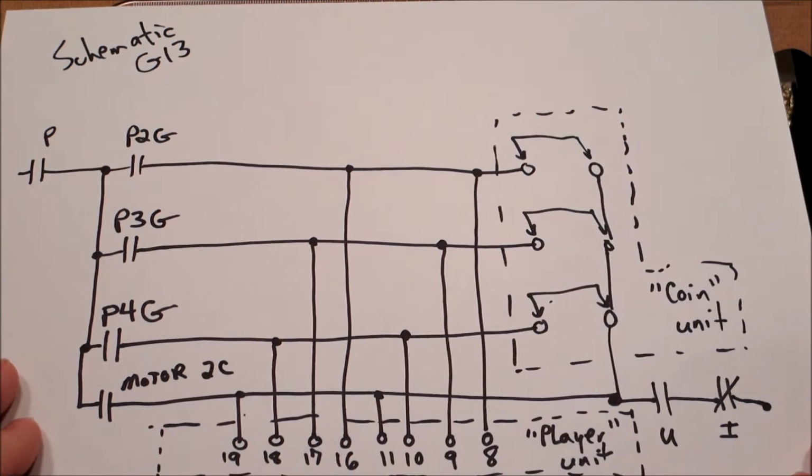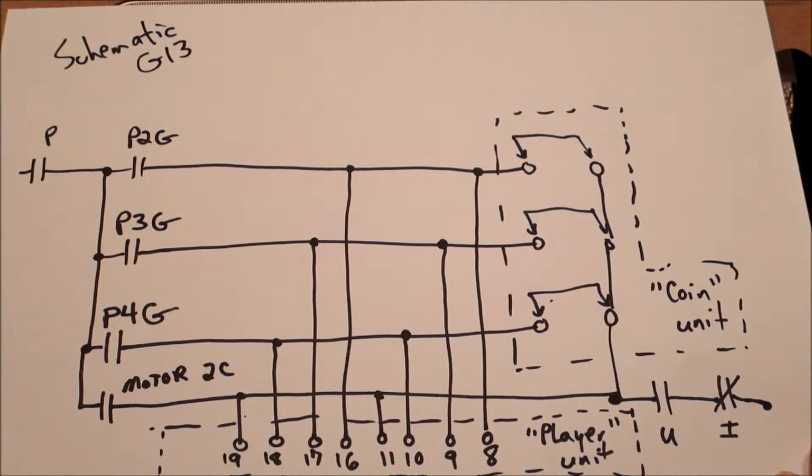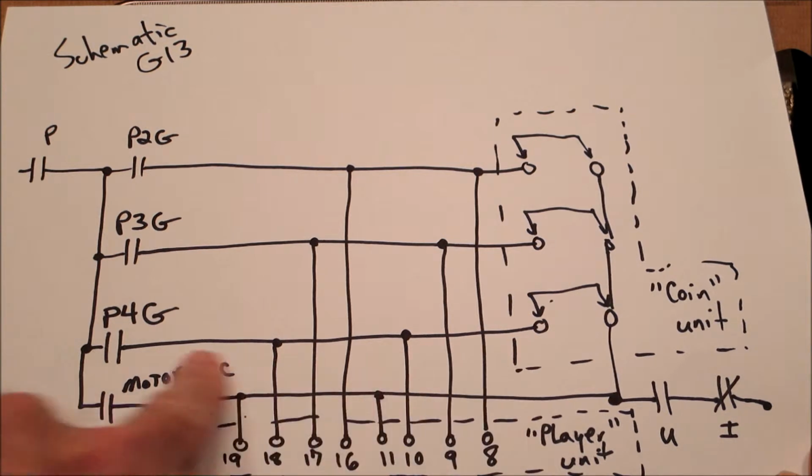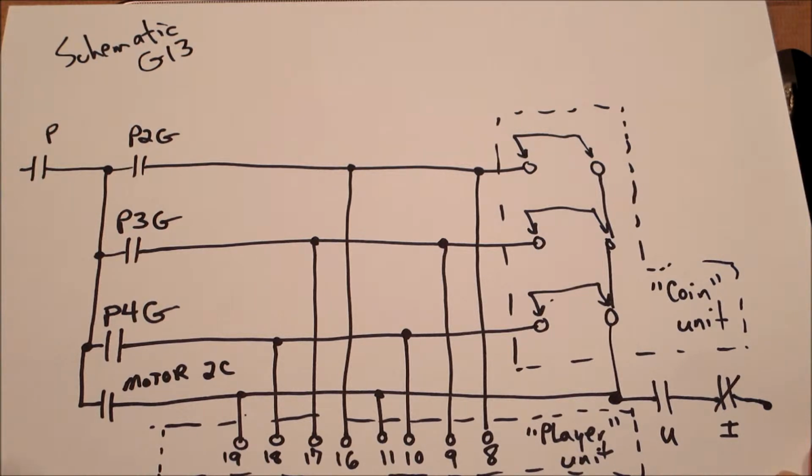So we actually looked at the player unit before, and I added over here, I didn't have it on here before, the P switch. You may need to go back and look at a previous episode, but the coin unit kind of works as each player finishes.